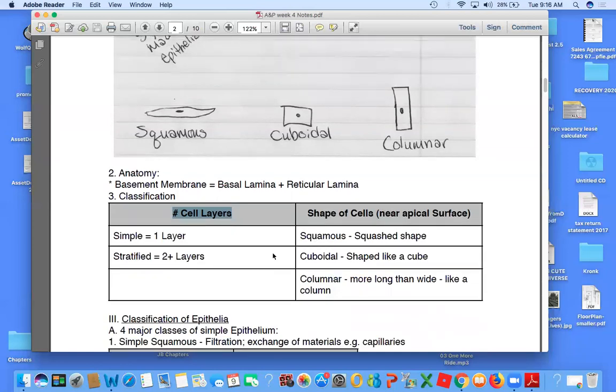So stratified cuboidal epithelial tissue tells you right away that there's two or more layers of cube-like cells. Simple columnar epithelial tissue means that there's a single layer of columns, right? Can you tell me what stratified squamous epithelial looks like? Absolutely. Stratified means it must have two or more layers. Squamous must mean they're squashed cells. That would be like the skin, bunch of squashed cells in layers.